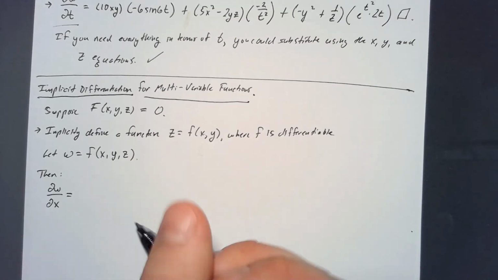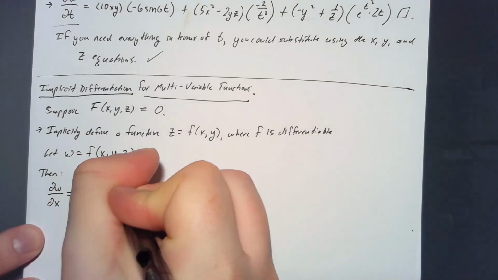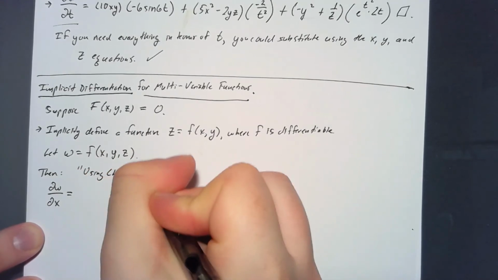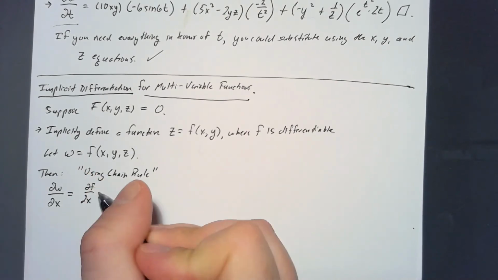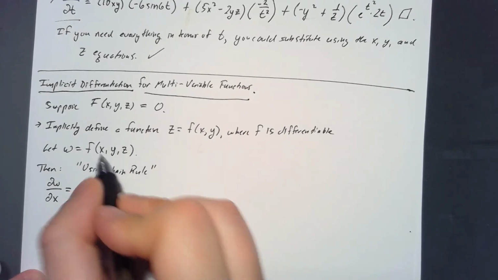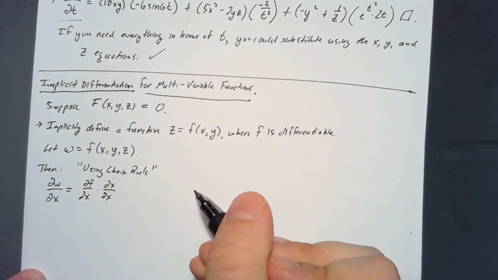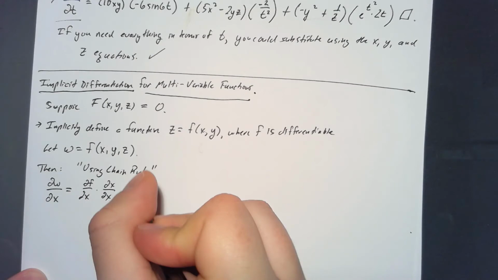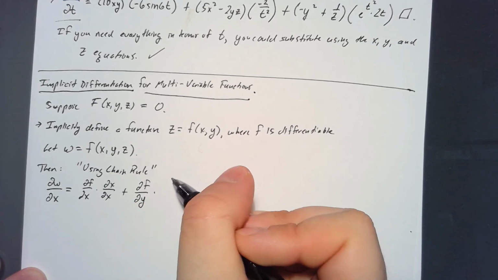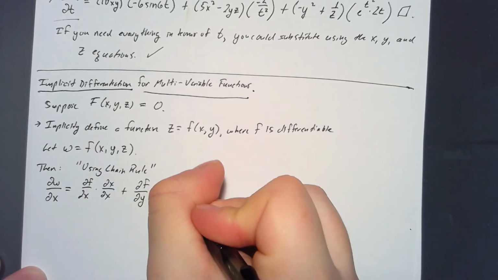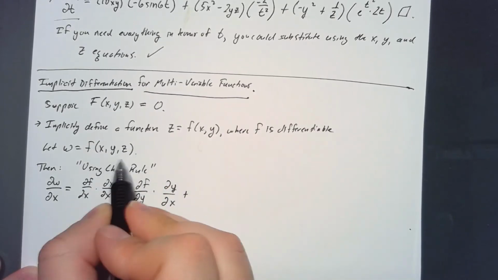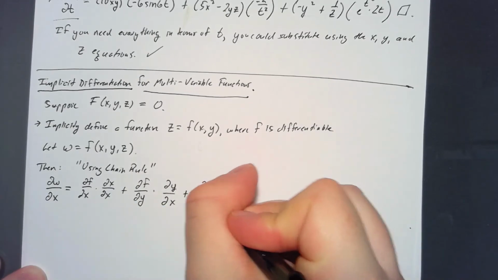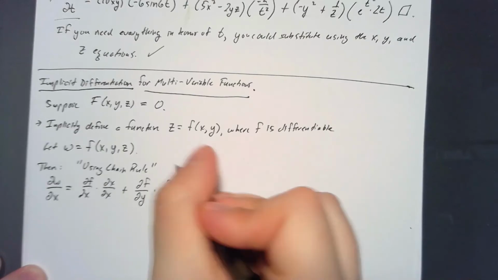So using the chain rule, I get df/dx times the derivative of x with respect to itself, plus the derivative of f with respect to y times the derivative of y with respect to x, plus the derivative of f with respect to z times the derivative of z with respect to x.